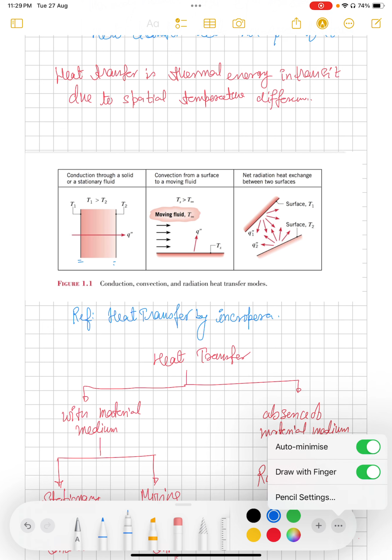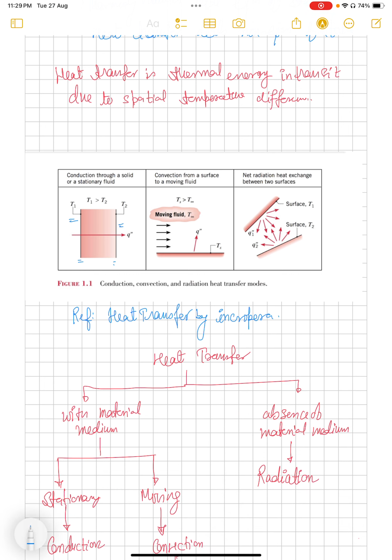As T1 is greater than T2 and this material is solid and stationary, heat will be transferred from this surface to this surface by the mode of conduction. This is conduction heat transfer.